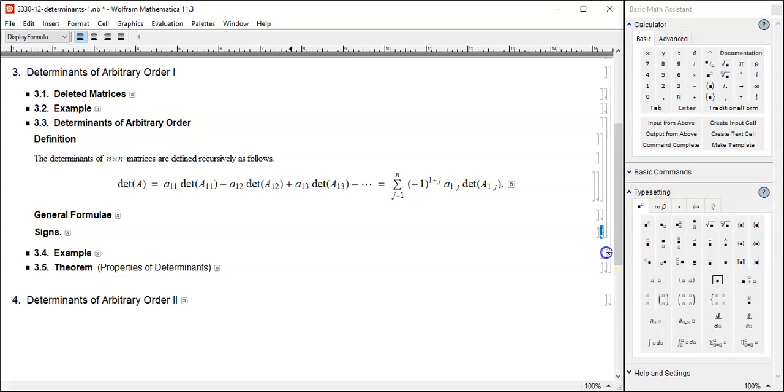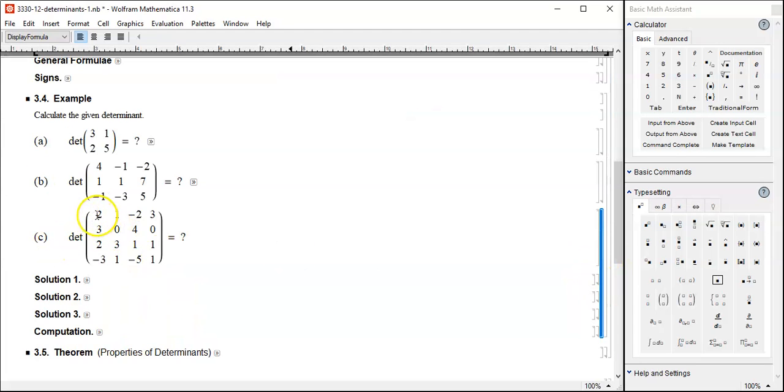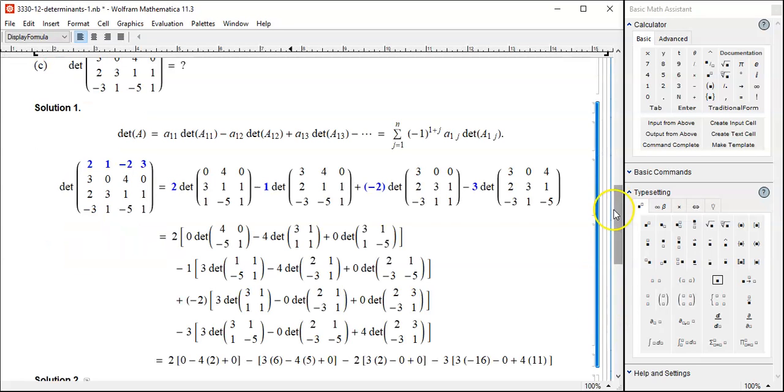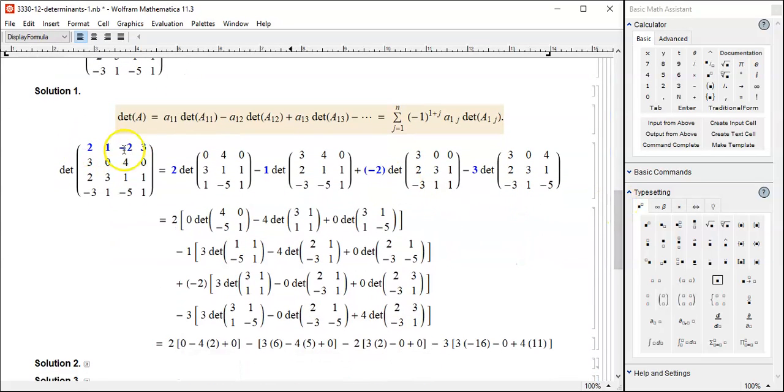Let's go to an example problem. And here's a nice example problem: a 4 by 4 determinant. First row: 2, 1, negative 2, 3. Here's the formula. So we have 2, 1, negative 2, 3.